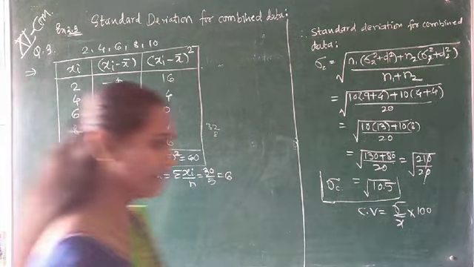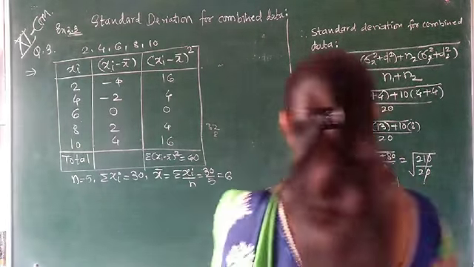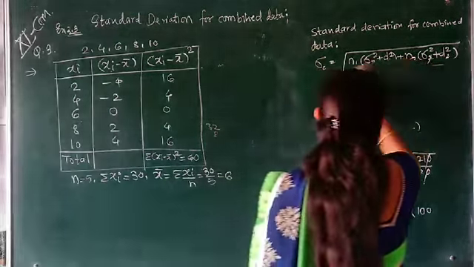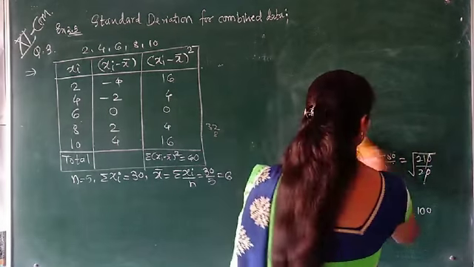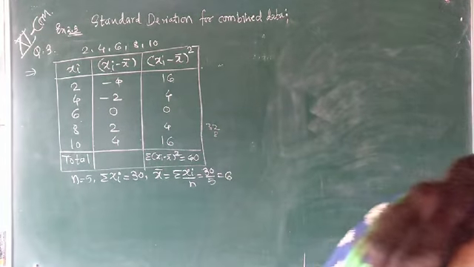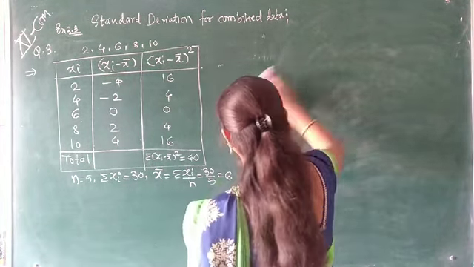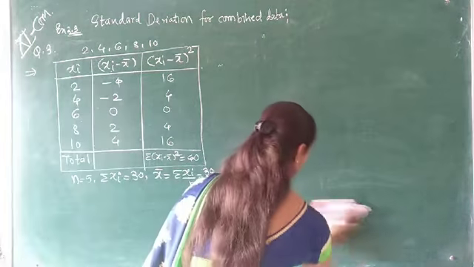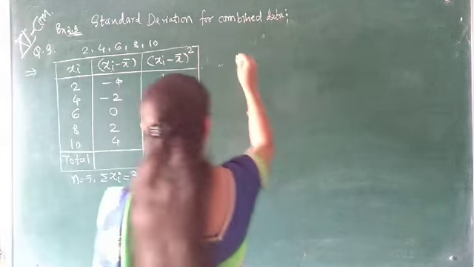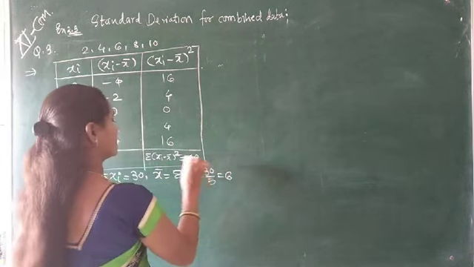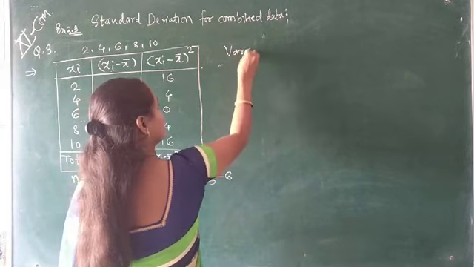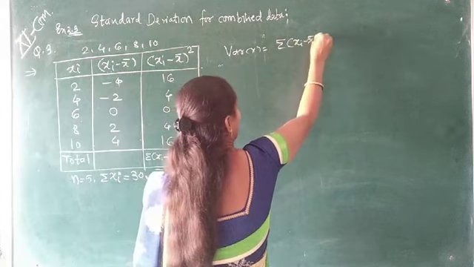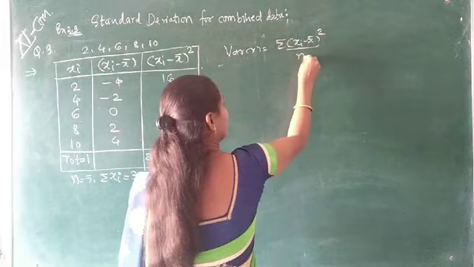So here we find its variance. Summation xi minus x bar square is 40, right? The formula for variance of x is equal to summation xi minus x bar square divided by n.